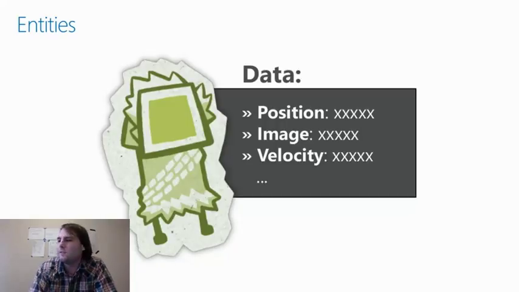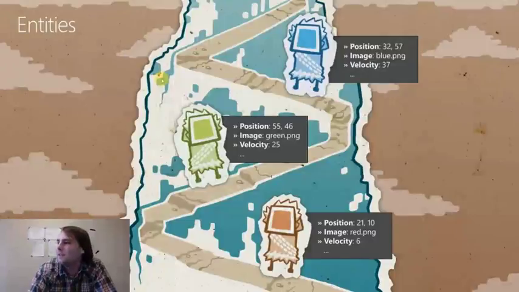So this is our example in game. Every update loop, our position and our velocity is going to get updated for these hikers based on player input, other entities, where they're at in the game, that kind of behavior.